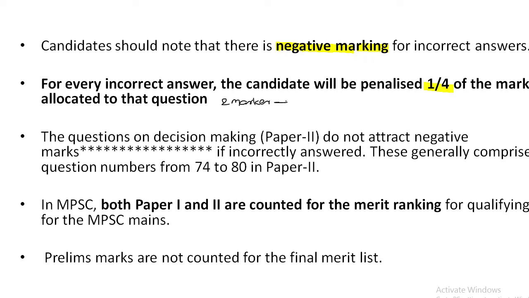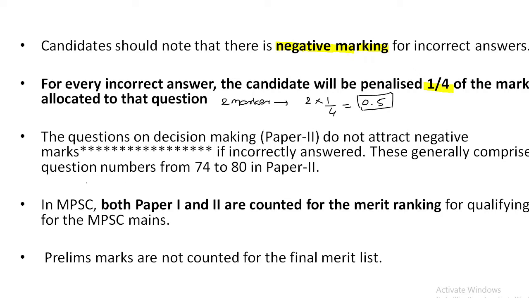So 1/4 of 2 is nothing but 0.5. That means for every wrong answer, 0.5 marks are going to be deducted from your total. I hope I cleared this.